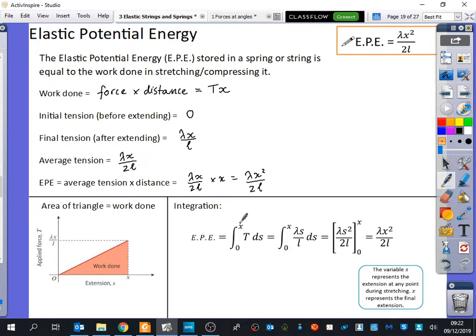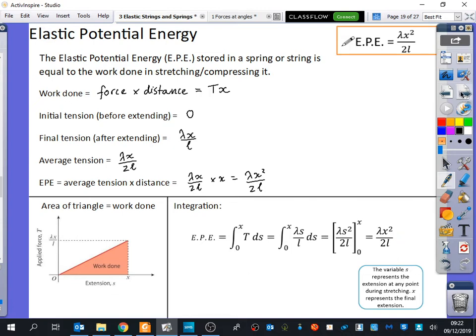So you can just see that tension would be lambda s over L with respect to s. When you integrate that, you get lambda s squared over 2L between 0 and x, which is just lambda x squared over 2L. So there's 3 different ways of thinking about what the formula is for the elastic potential energy. All you need to really take away from this is that the elastic potential energy is lambda x squared over 2L, okay?